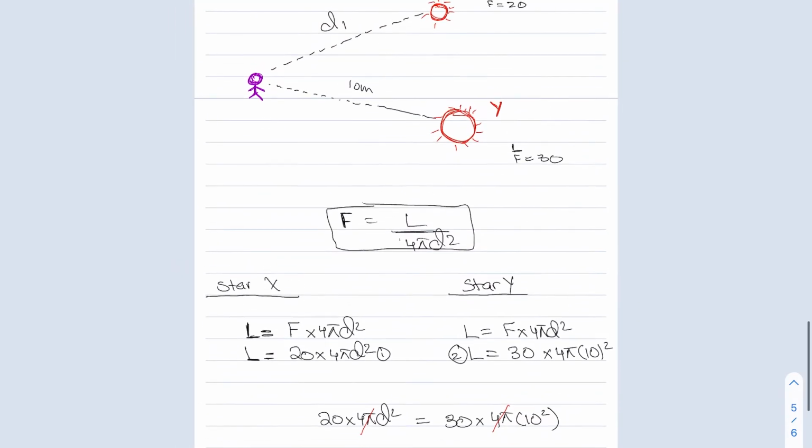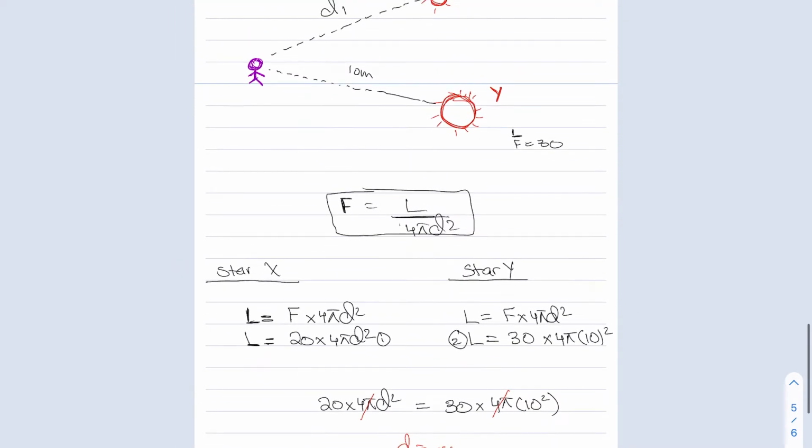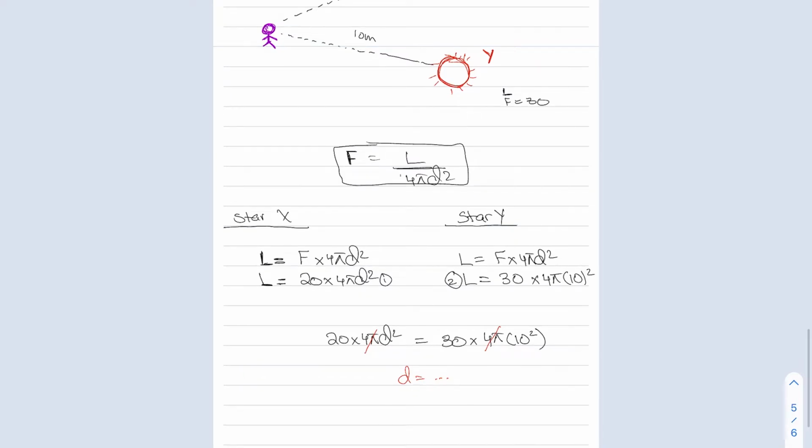So if you don't want to go through all of this, a very simple solution is, whenever two stars have the same luminosity, you can just go ahead and use the formula F1 D1 whole squared is equal to F2 D2 whole squared.